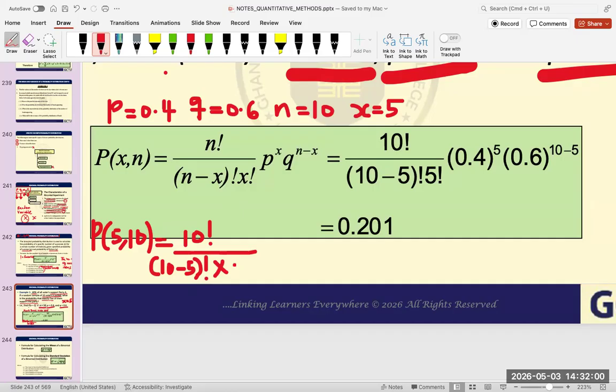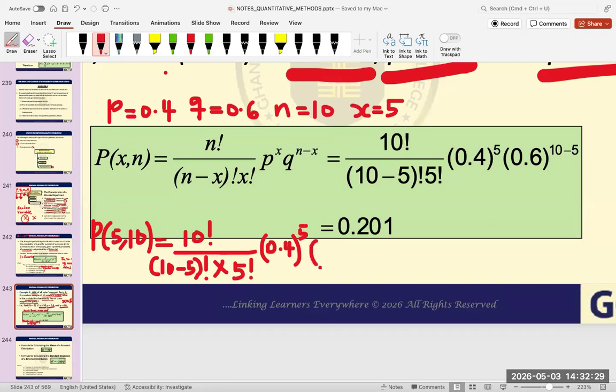X factorial, so that is 5 factorial. Multiplied by, then we come to the P. P is 0.4. So you have 0.4 raised to the power X. X is 5, so raised to the power 5 this way.